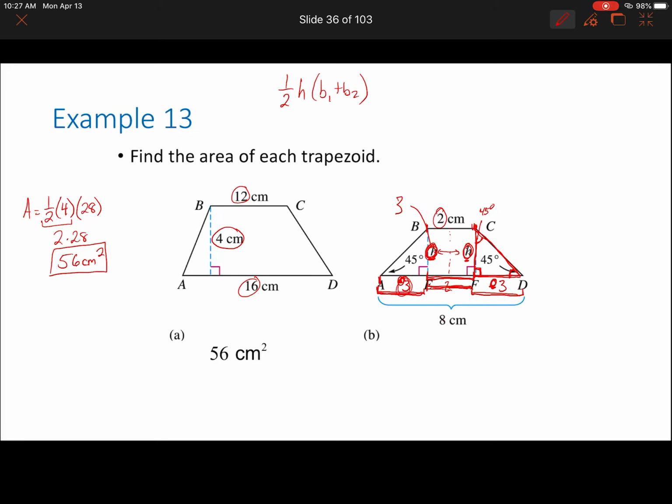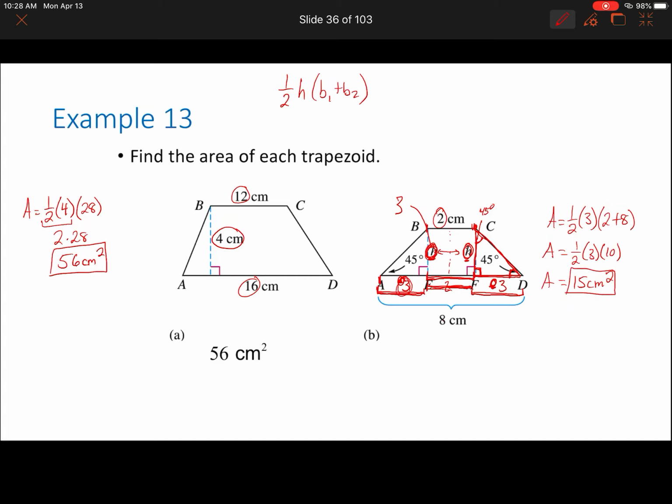And so if that's the case, then in our formula, our area is 1/2 times the height of 3 times the sum of our bases, which is 2 plus 8. And so as we simplify that, it's 1/2 times 3 times 10. 10 times 3 is 30. Half of that is 15 centimeters squared.